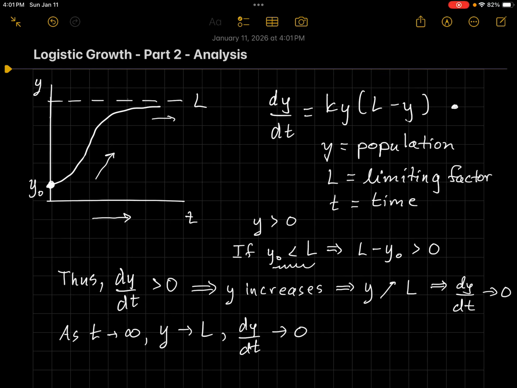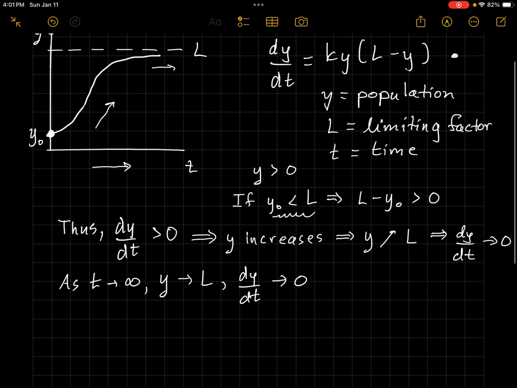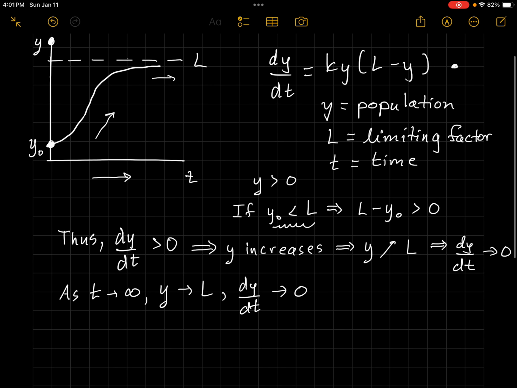Now, you might ask, what if our initial population was greater than L? That is, what if our initial population is greater than the number that this region can sustain?